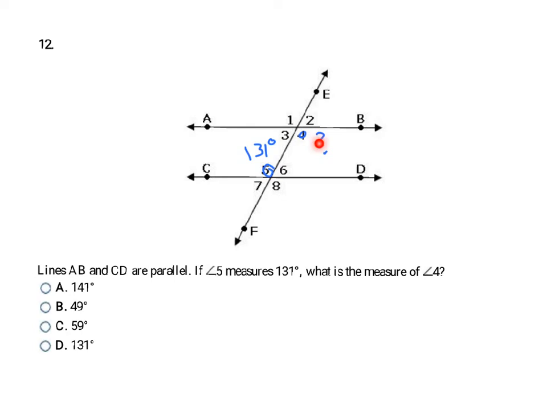So they're going to be alternate interior angles. And I know that alternate interior angles are always congruent, so it's going to make angle 4 131 degrees also. I can also remember that if angle 5 is 131 degrees, then all 4 of these angles will also be 131 degrees, which also gives me choice D as my final answer.